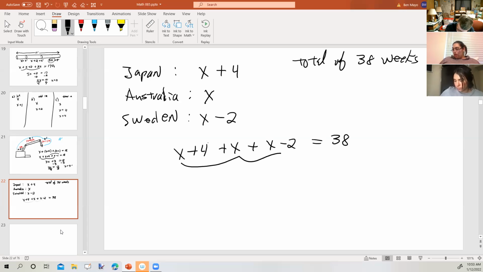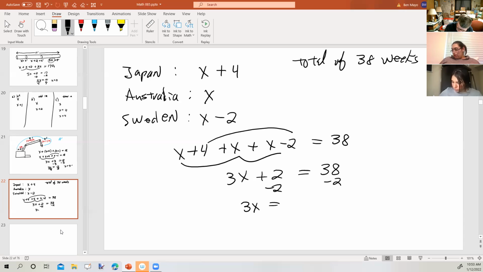Combining like terms, X plus X is 3X. 4 minus 2 is plus 2. So 3X plus 2 equals 38. Subtract 2 from both sides. 3X equals 36. Divide both sides by 3. X equals 12.